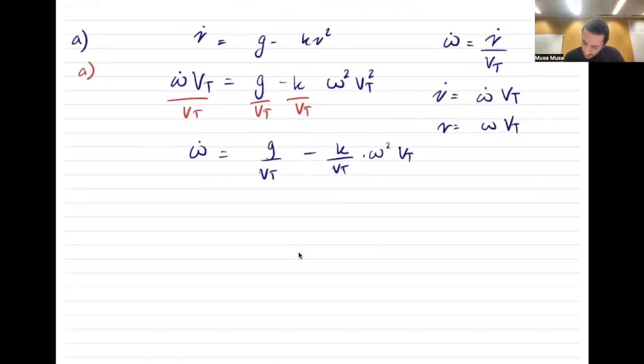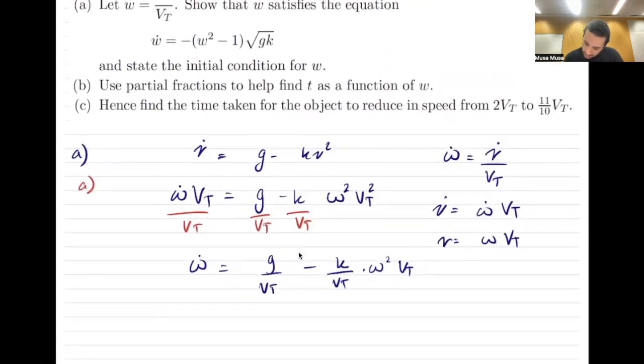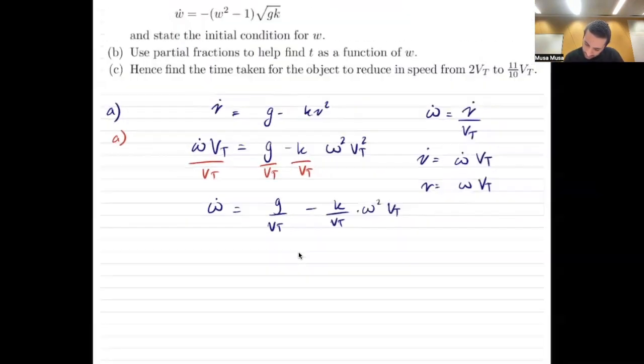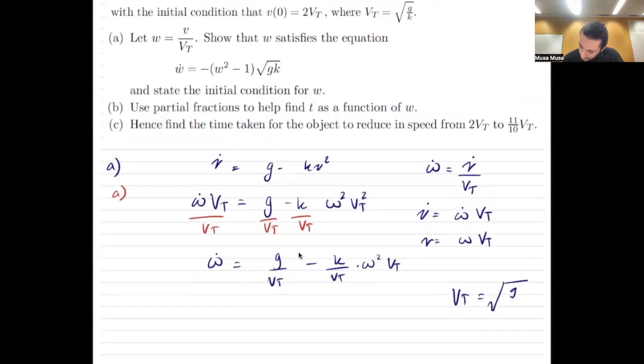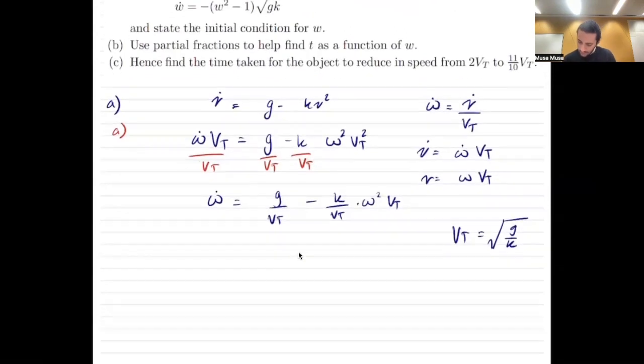Okay. Let's just consider, I mean, vt equals the square root of g on k. So what does g equal? So g on vt, let's see, vt squared equals g over k.